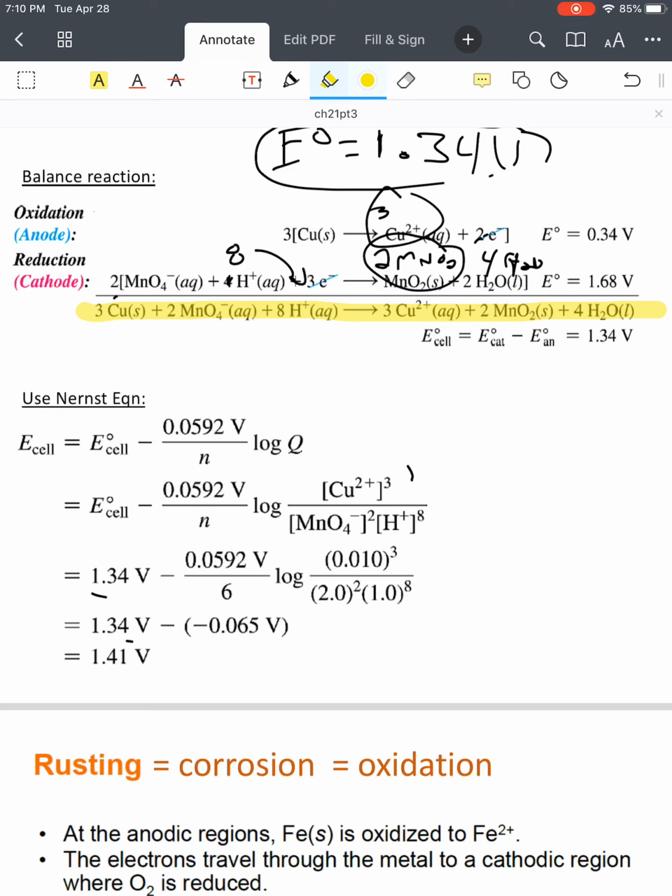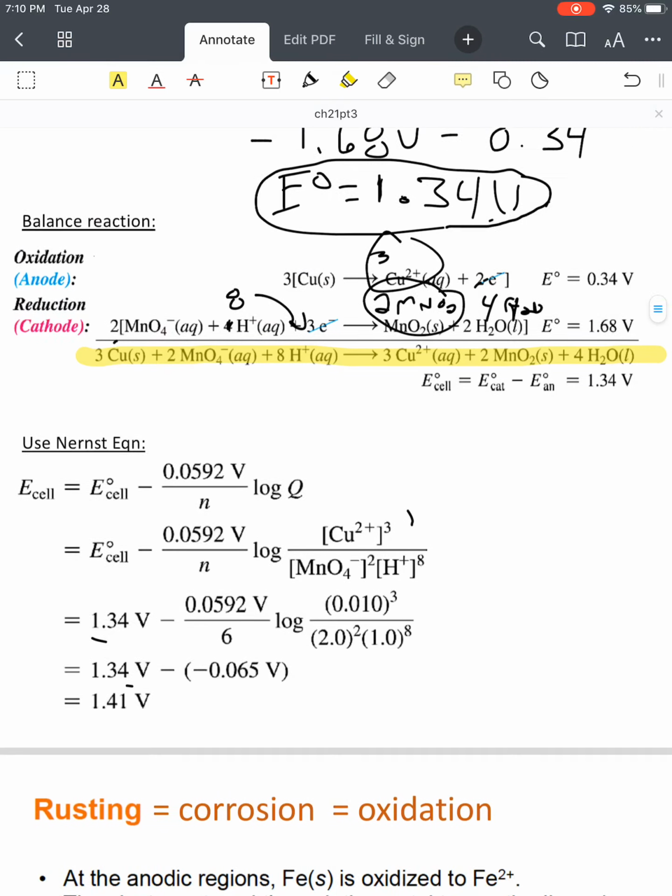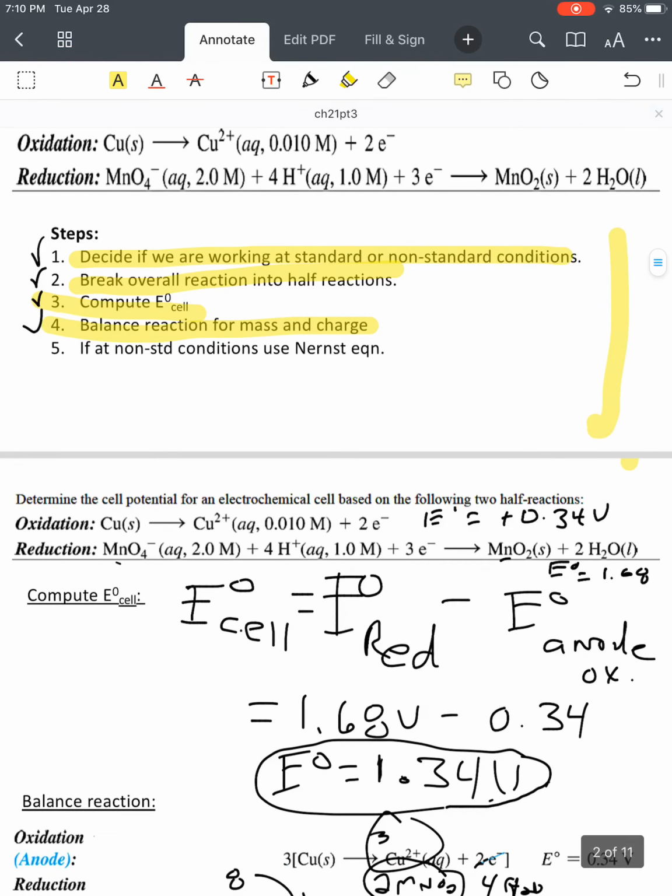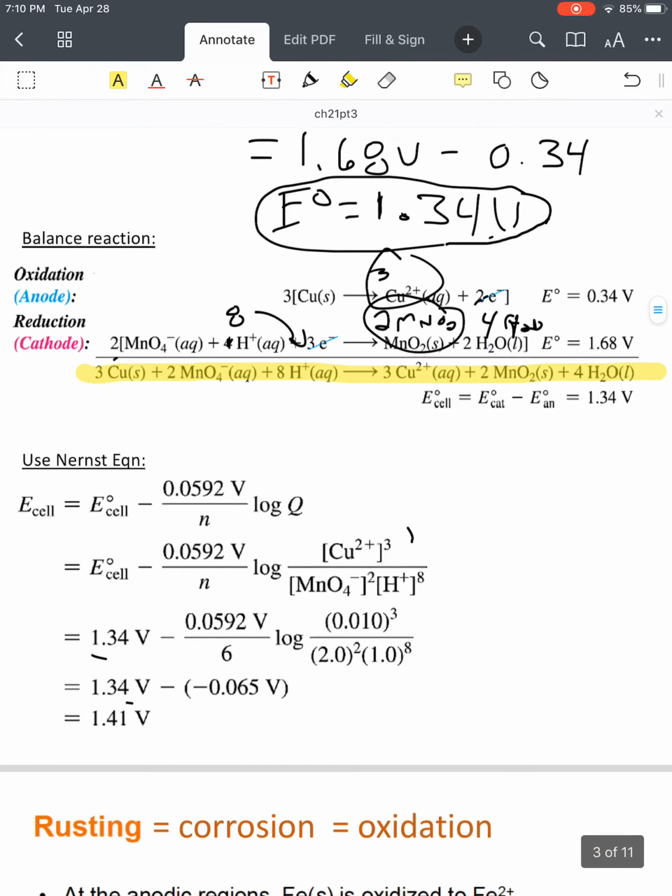Now again, if this was operating under standard cell conditions, 1.34 volts should be what I see on my voltmeter. But because I'm not operating under standard conditions, I have to take one more mathematical step. And what that step involves is using my Nernst equation to compute what the cell voltage would be under non-standard conditions.